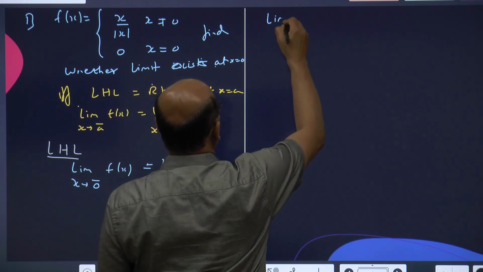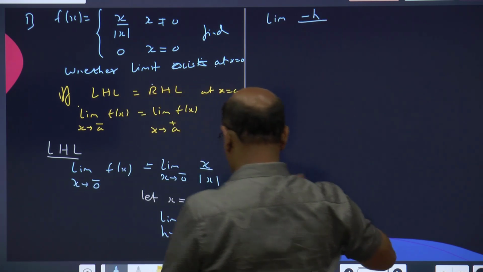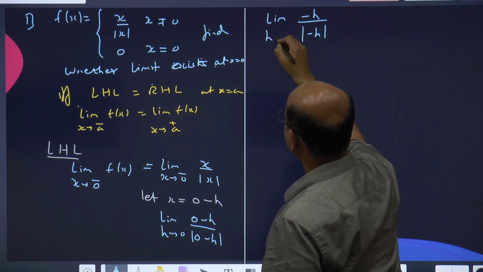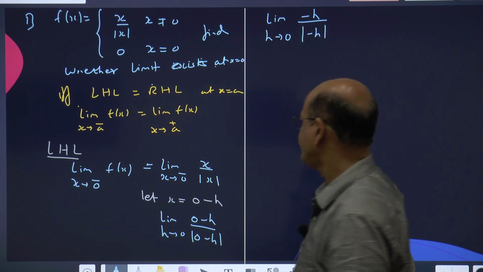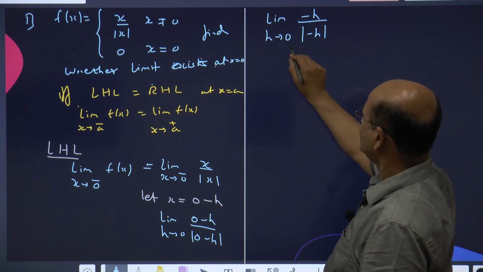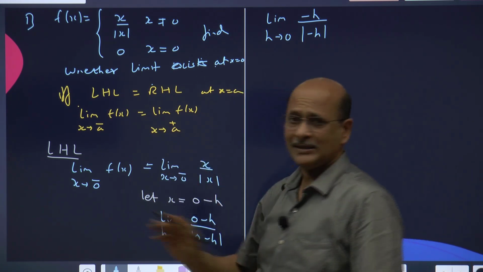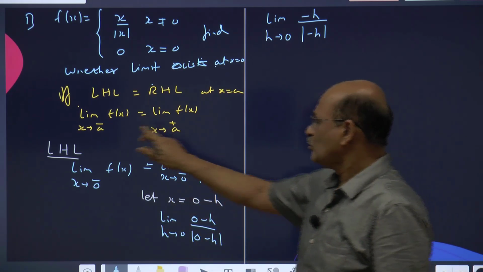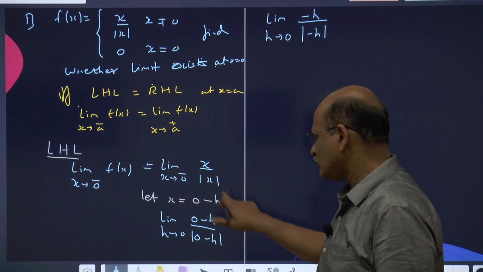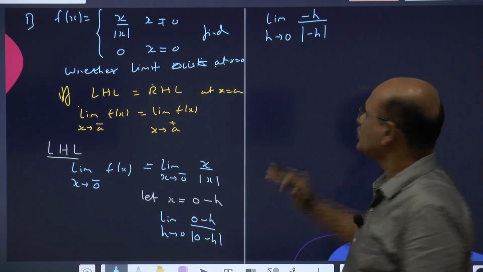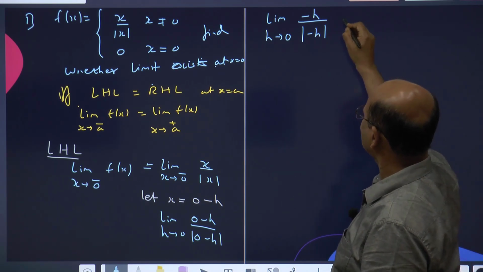So I write this out for your consideration here. It will be the limit of minus h upon modulus of minus h as h approaches 0. Now having done this, this is a usable value. Remember, a bar, a plus is a non-usable value, so I convert this to usable by using a substitution technique. So I think it's a very simple working.